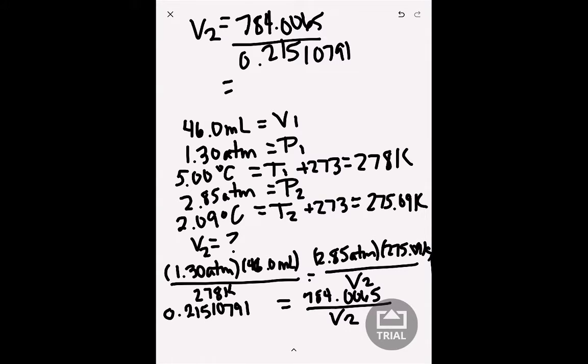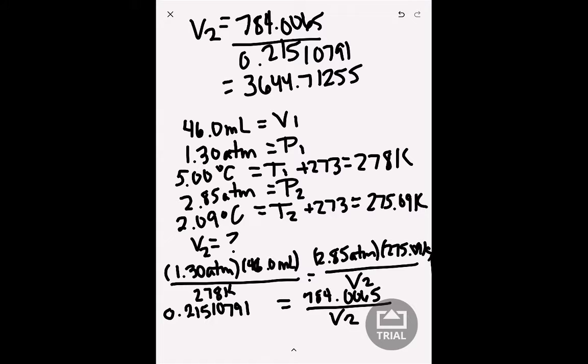So 784.0065 divided by 0.2151071 equals, and I get 3644.71255.